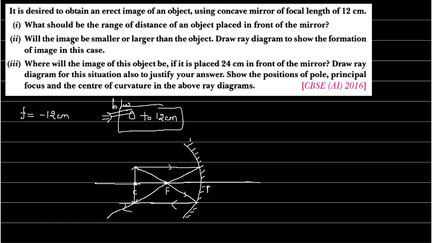This is pole M M dash. If the object is AB, the image would be B dash A dash, right? This would be the ray diagram.